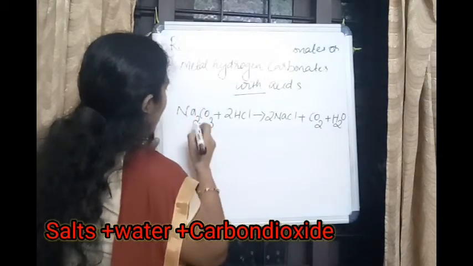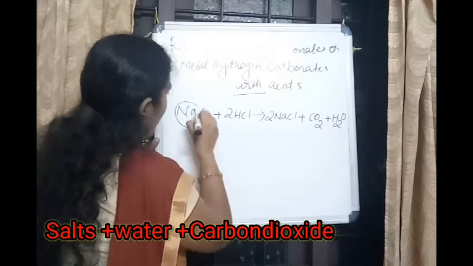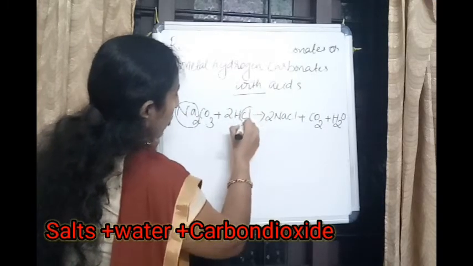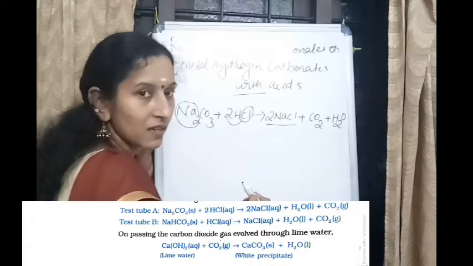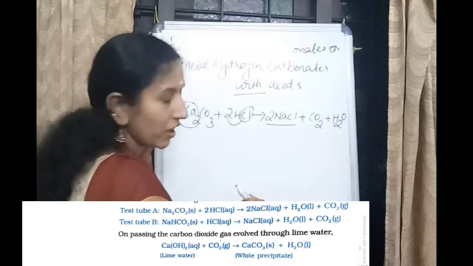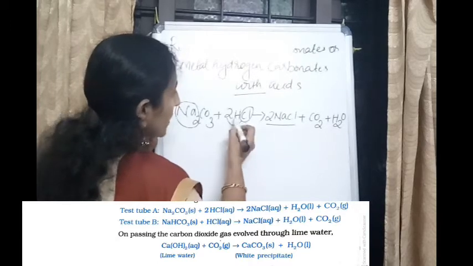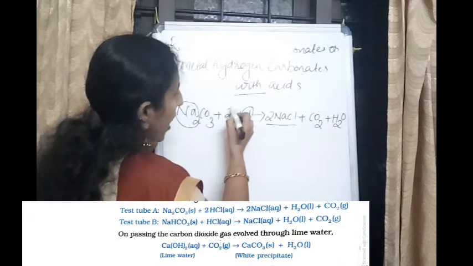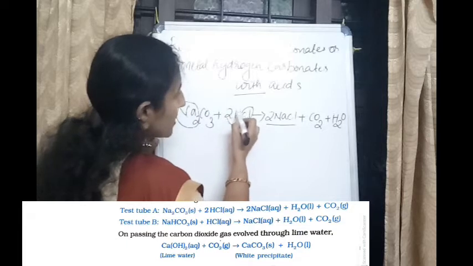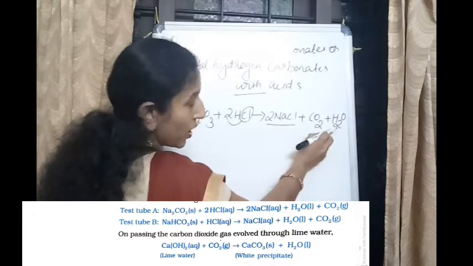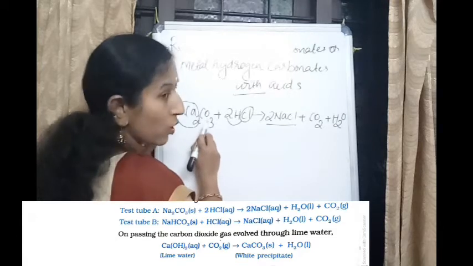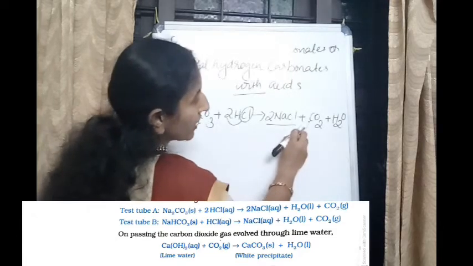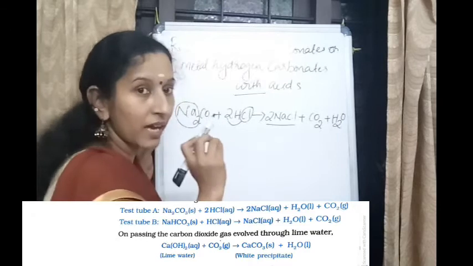So this sodium and two chlorine together, 2NaCl, that is the salt. Then you can see 2 hydrogen, H2. And also here you can see 1 carbon and 3 oxygen. We need only 1 carbon and 2 oxygen for the carbon dioxide.